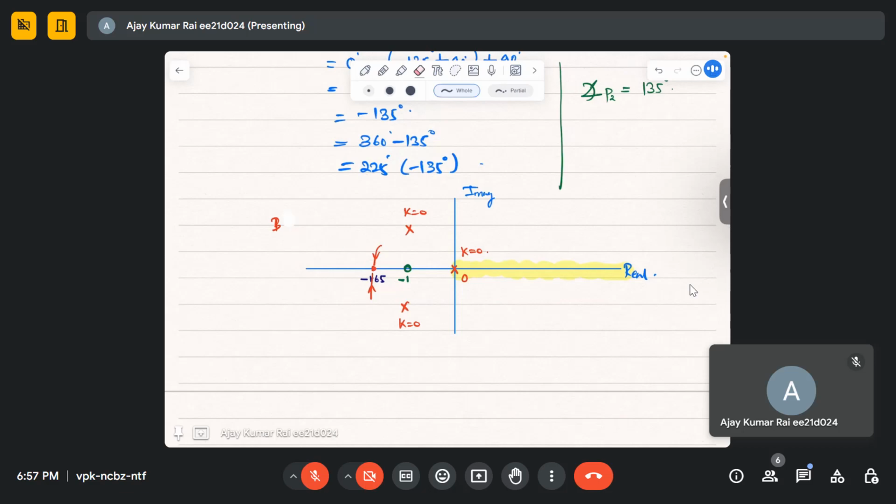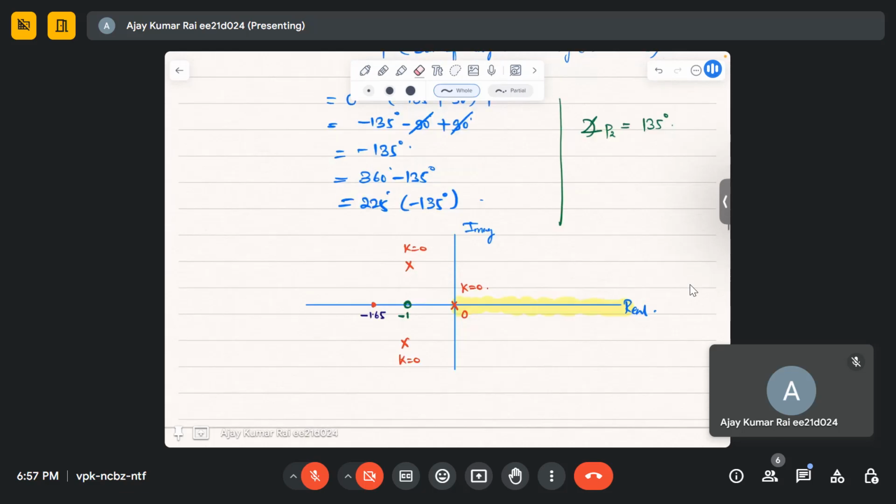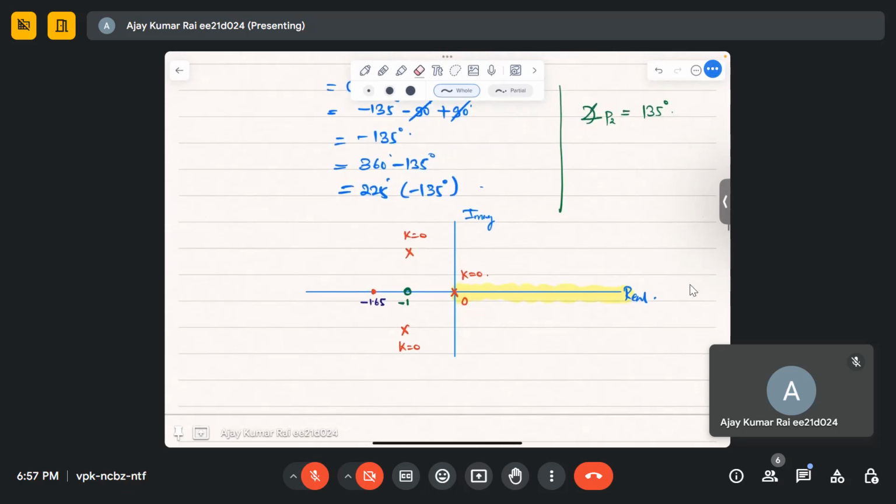So let me draw the angle of departures. Minus 135 will look like this. So this angle is minus 135. Correspondingly for the other pole, this is P2 and this is P1.